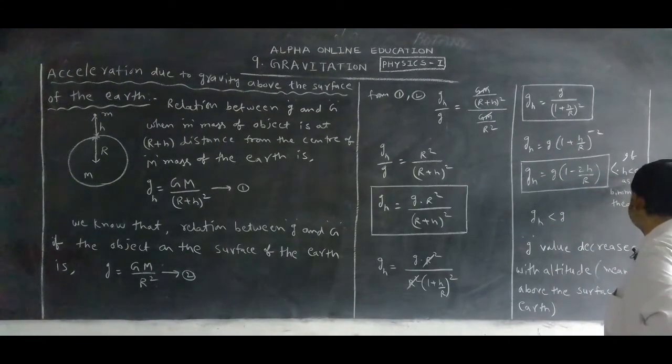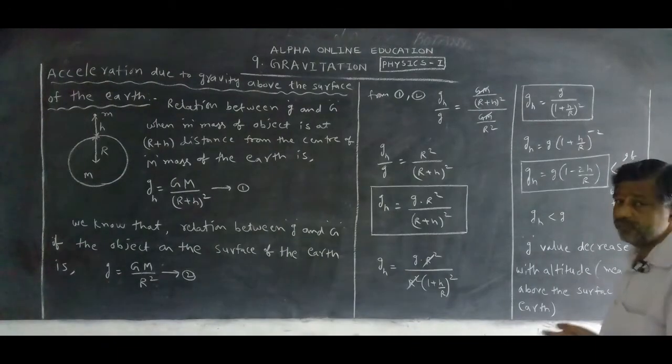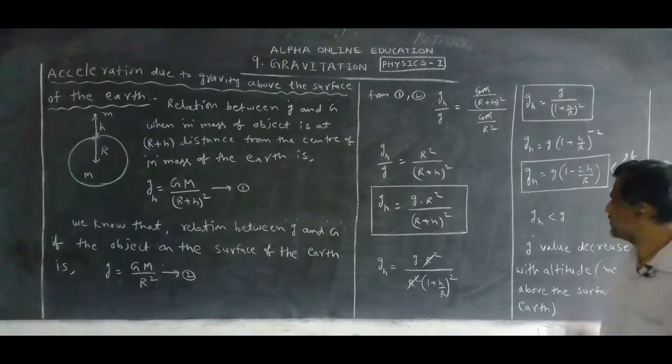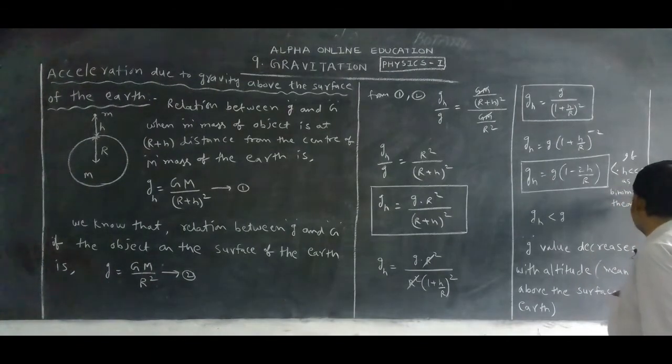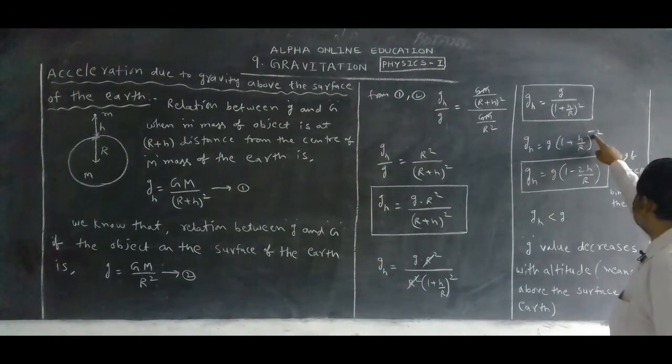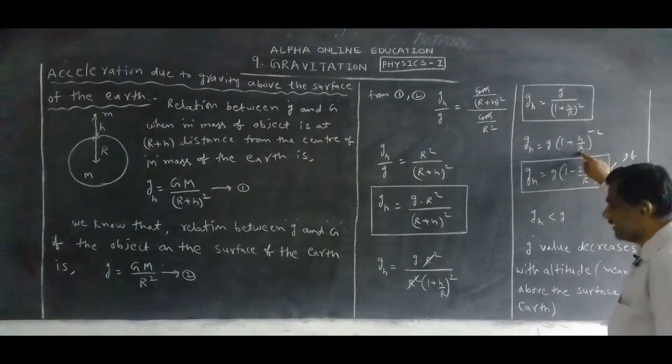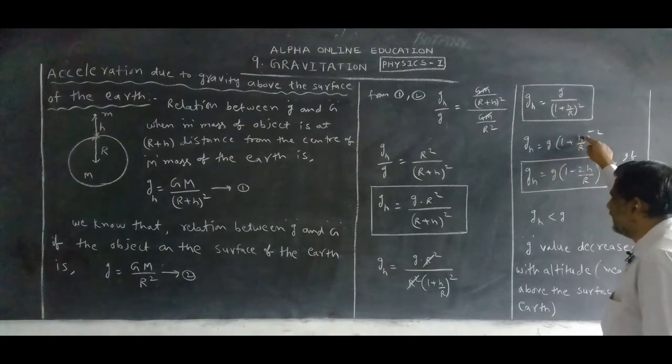Here h, the height, is so much less than R. We use one theorem from mathematics, that is the binomial theorem. As per the binomial theorem, whatever the power is should be multiplied by this value, but the condition is that the denominator is so much greater and the numerator is less.